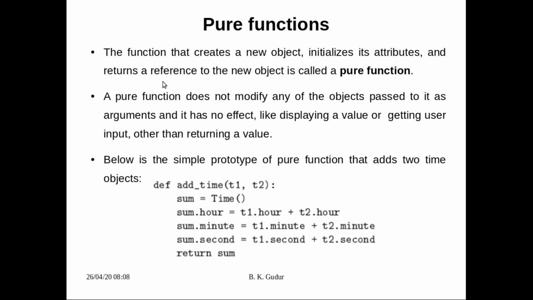Means a pure function is one which should create a new object, initialize its attributes and later return the reference to that object. Such a function is called a pure function.